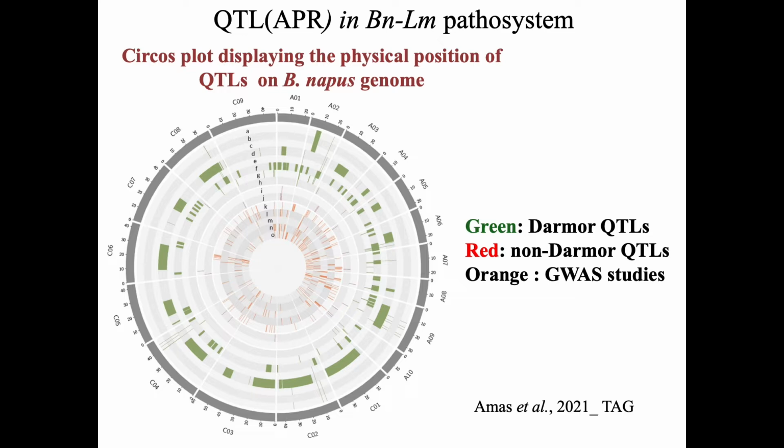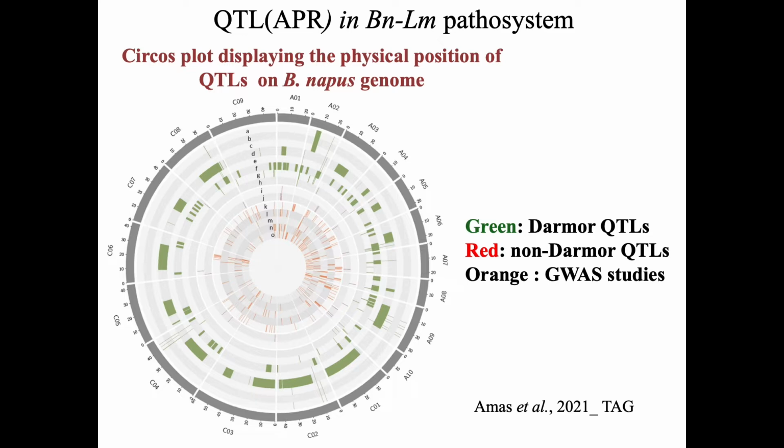The circos graph in this slide is from a recent publication by Jackie Batley's group. They have reviewed the QTL studies in brassica against Blackleg, and this graph shows the location of QTLs that have been reported to date on the brassica genome and B. napus.